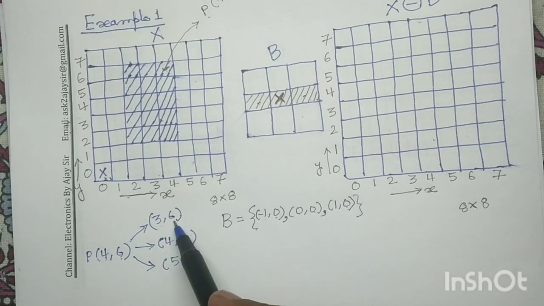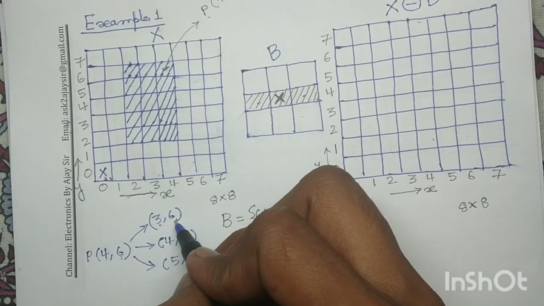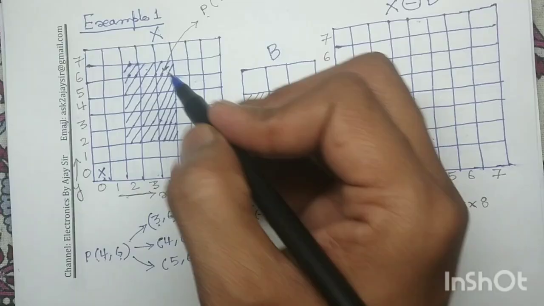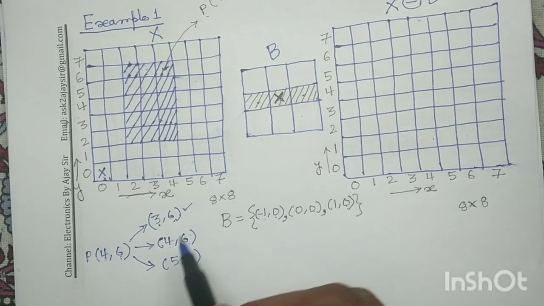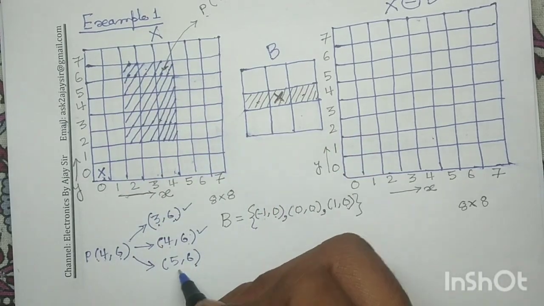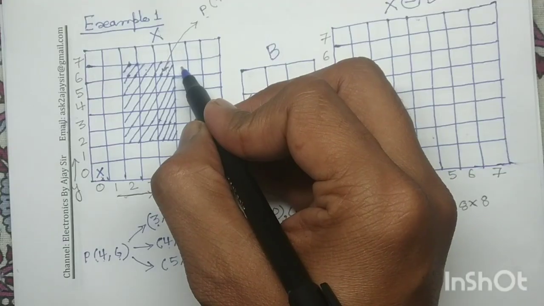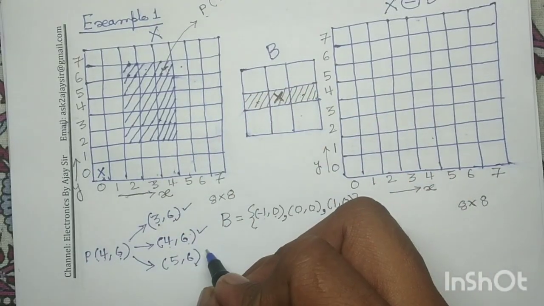First, 3, 6: along x it is 3, along y it is 6. So 3, 6 is a part of the object pixels. What about 4, 6? Obviously 4, 6 is a part of the object pixels. And what about 5, 6? Along x it is 5, along y it is 6. 5, 6 is not a part of the object pixels.